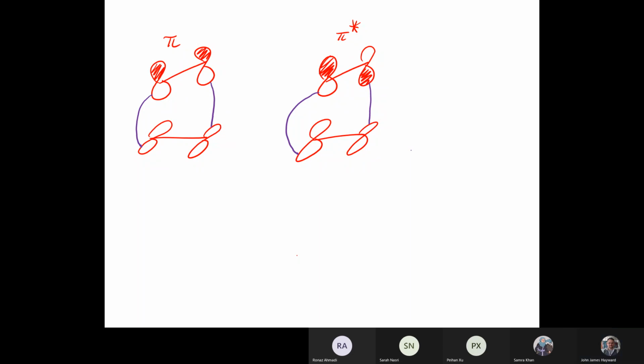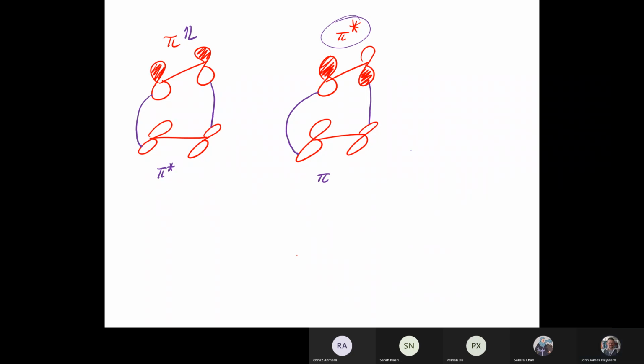Now, the pi has 2 electrons in it. The pi star has no electrons in it. Okay, so the pi has to interact with an empty orbital. So this is going to be the pi star down here, and this is going to be the pi over here, because the pi star has to interact with a filled orbital because it itself is empty.